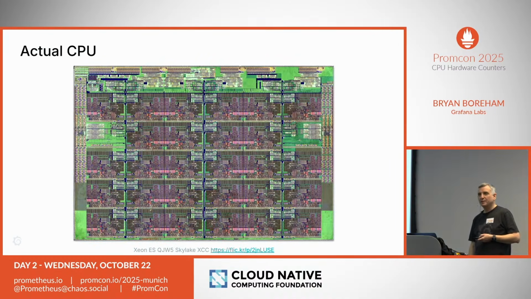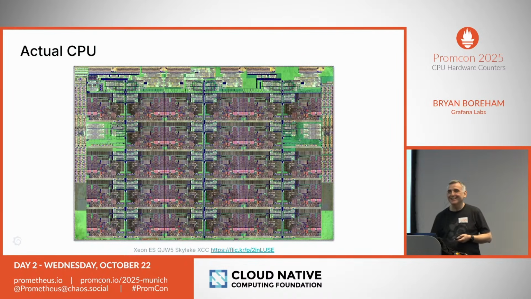So this is a CPU. This is an Intel Xeon Skylake. It is a 28 core, I think. Something that looks a bit like this is a core, and they're kind of mirror imaged as they go across.